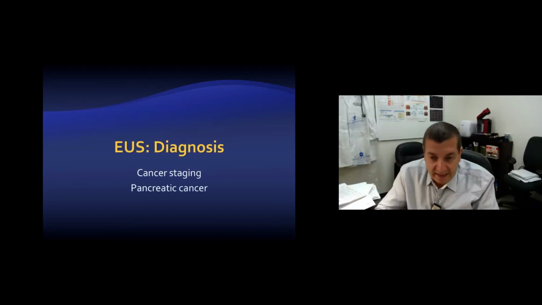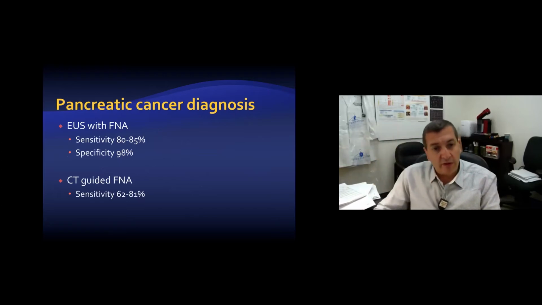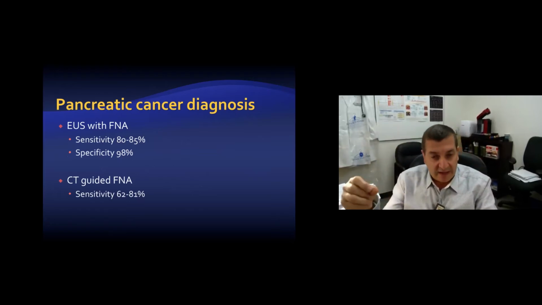How about pancreatic cancer? When you combine it, one of the big advantages, obviously, is that not only can we scan and determine the staging of the tumor, but we can take a biopsy. And the majority of the time we are asked to take a biopsy. It increases sensitivity to 85% with specificity of 98%.